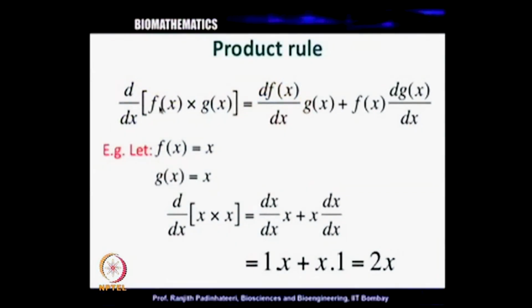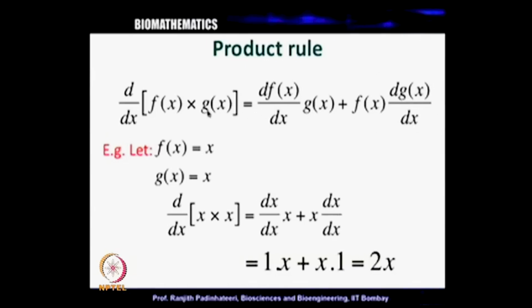Let us look at the formula once more. The formula says f of x times g of x is a product, and its derivative d by dx of f of x times g of x is equal to the derivative of the first function, df by dx, times the second function g of x, plus the first function f of x multiplied with the derivative of the second function, which is dg by dx.